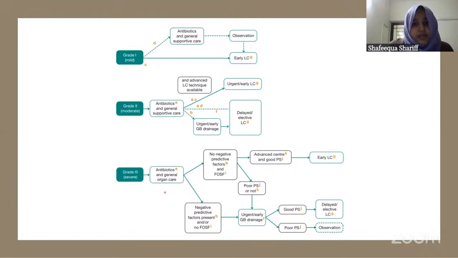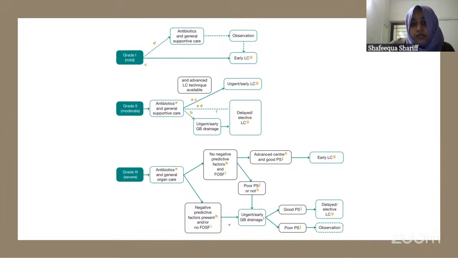In grade 3, severe, in everything you will give antibiotics and general care. When it is severe, if there are no negative predictive factors, and you have a good center, an advanced center with a good surgeon who is very well versed in laparoscopic cholecystectomy, you can try the pathway for an early laparoscopic cholecystectomy.